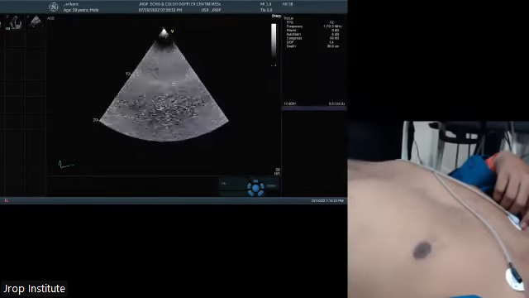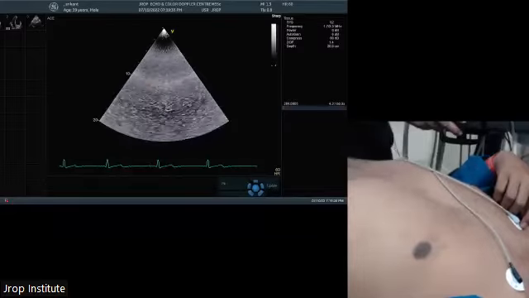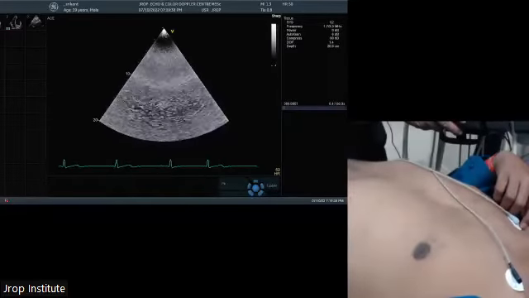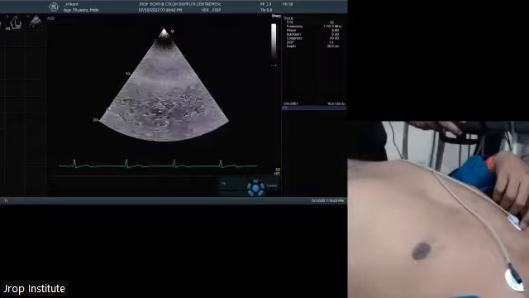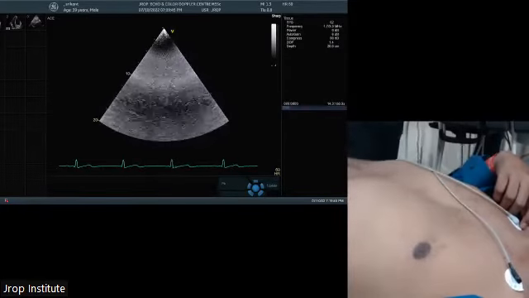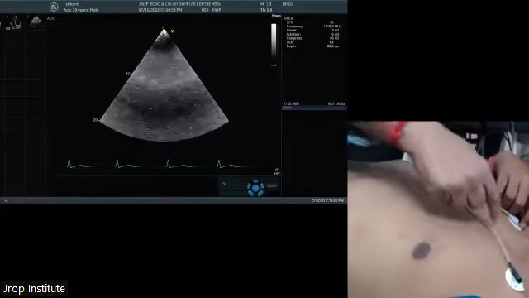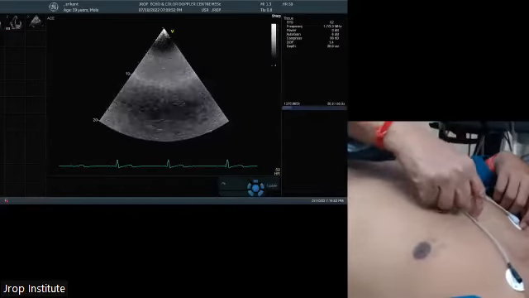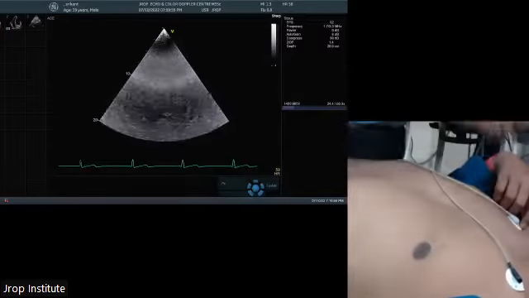Rupali, for the right parasternal window, the patient has to lie on the right-hand side, not on the left side. Then you put your index marker at 2 o'clock or 1 o'clock position, and the index should be parallel. I can't show you, but I'm telling you where to keep it. Look at the screen over here. The aorta arises over here and goes right with this and dips posteriorly.